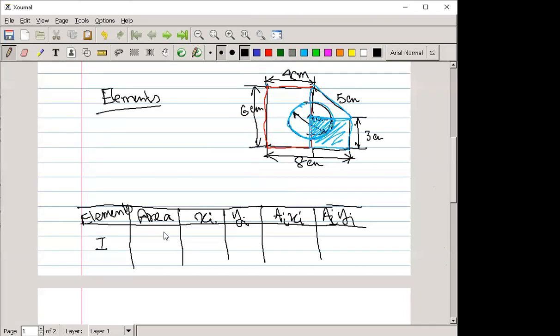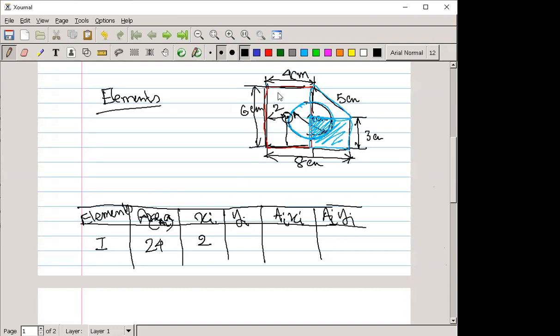So element 1. What is the cross section area? Area is nothing but Ai. So 4 into 6 is 24. And xi for element 1 is along the x-axis, which is 4, so xi is the middle of that, which is 2.